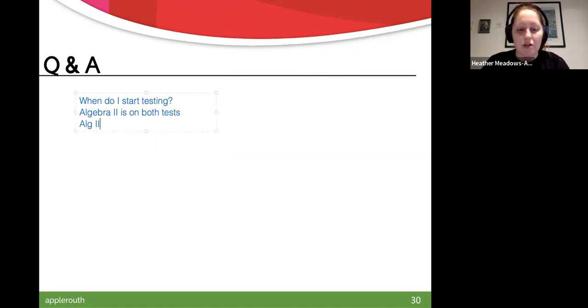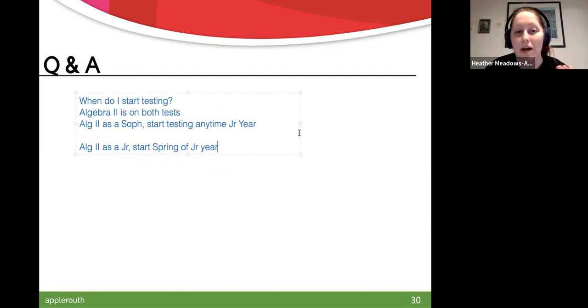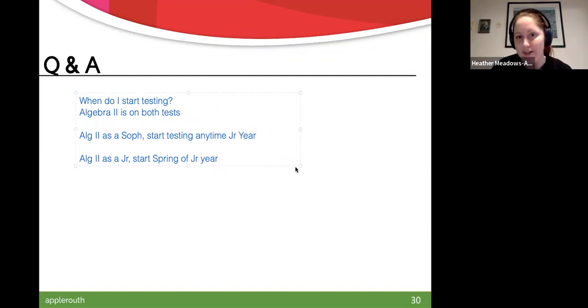If they took Algebra 2 as a sophomore, then you can start testing anytime junior year. If they're taking Algebra 2 as a junior, you want to start testing spring of junior year, because again, you want as much of that class under your belt as possible. That's a good way to think about it.